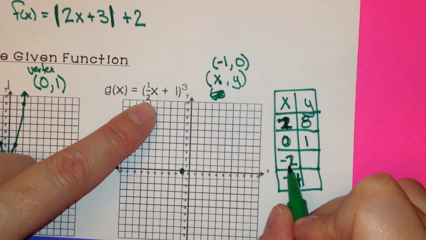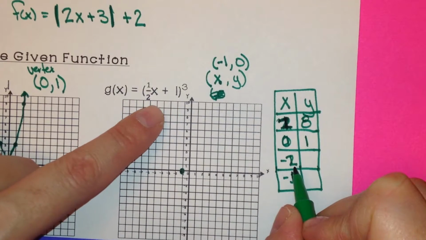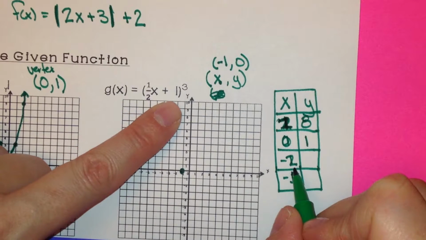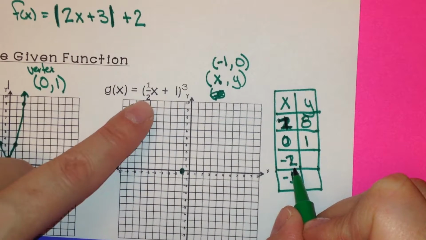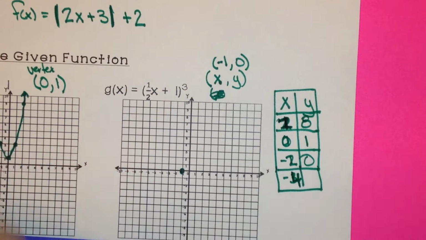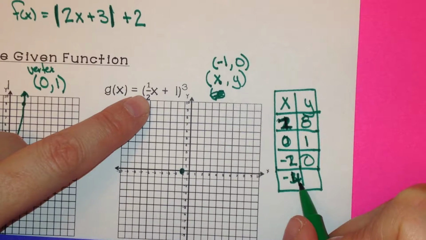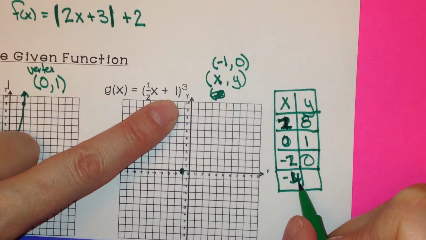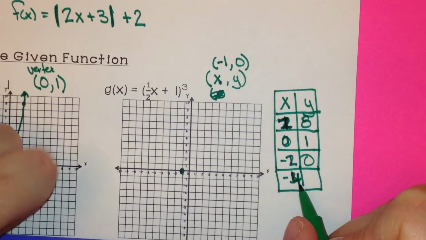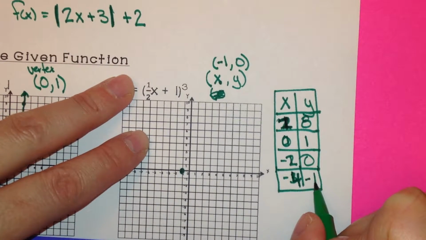Plug in -2. 1/2 times -2 is -1. -1 plus 1 is 0. 0 cubed is 0. Okay, plug in -4. -4 times 1/2 is -2. -2 plus 1 is -1. -1 cubed is -1.